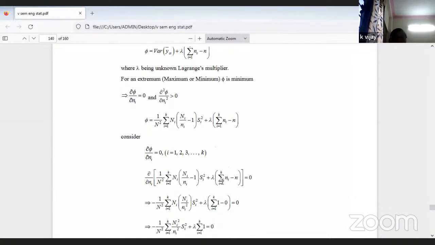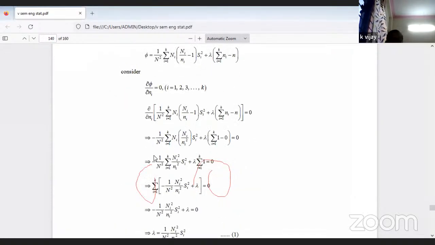We can take the first derivative dou phi by dou n_i for i is equal to 1, 2, 3 and so on up to k. Applying the Lagrange's formula, the derivative is set equal to 0 here, and lambda summation of n_i is equal to 0 we are applying here.